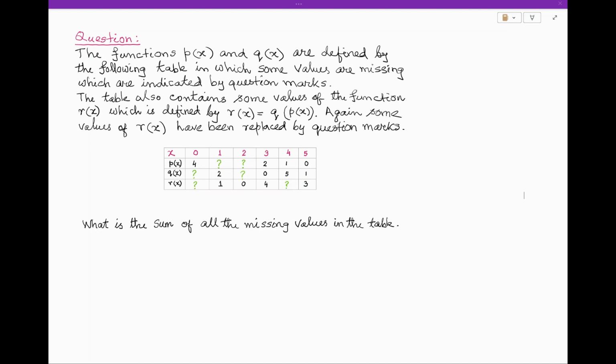That means R(x) is a composite function of Q and P(x). Again, some values of R(x) have been replaced by question marks. Now the question is, what is the sum of all the missing values in the table?